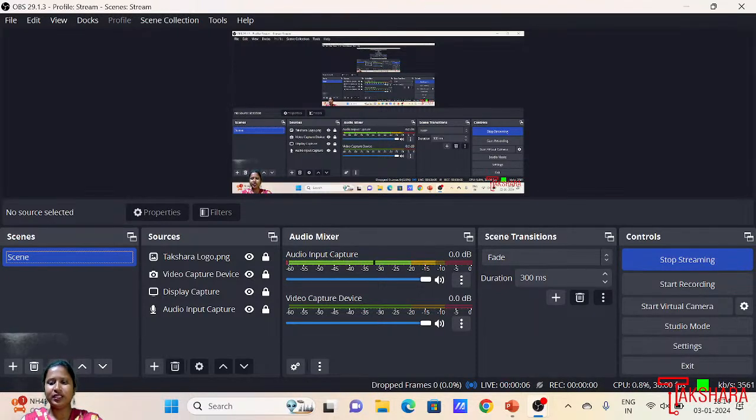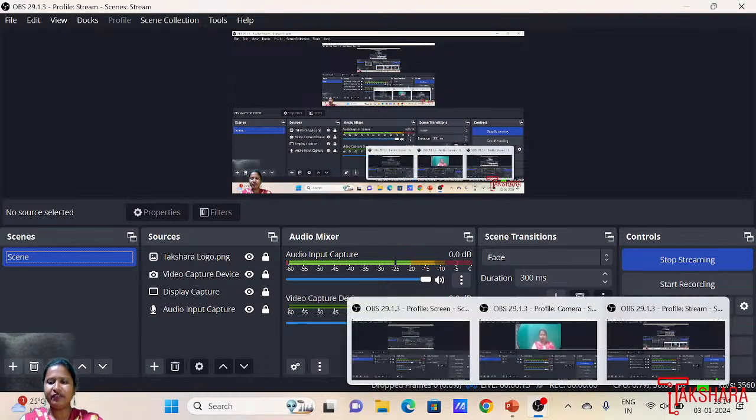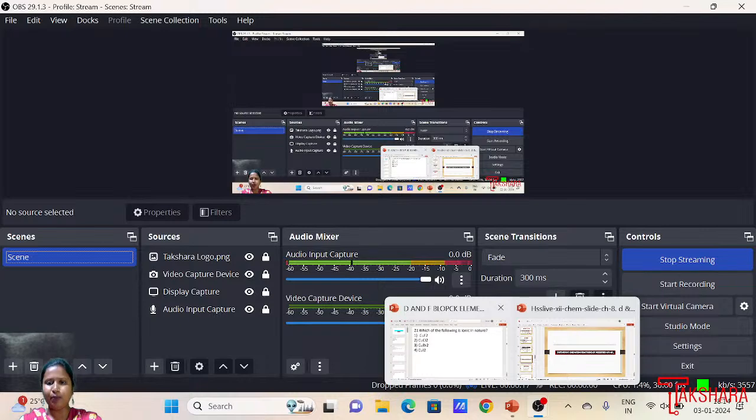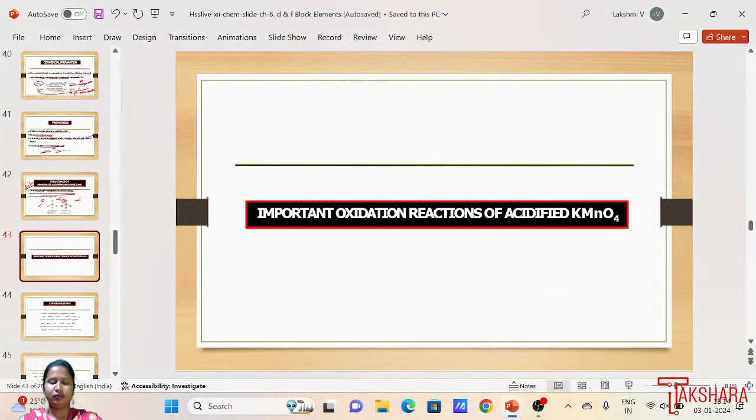In today's class, we will continue with the same d and f block chapter. In the previous class, we were discussing compounds of important transition elements. Already we discussed potassium dichromate. The next important compound is potassium permanganate.